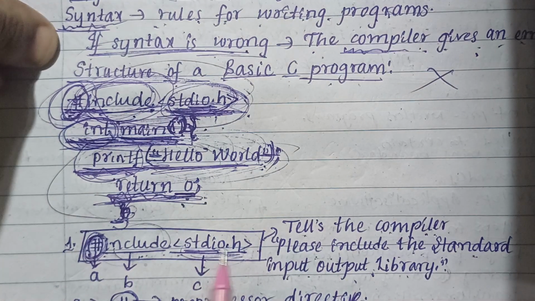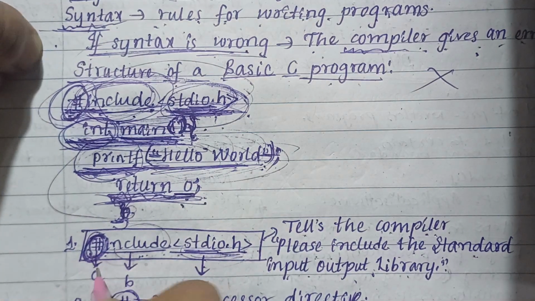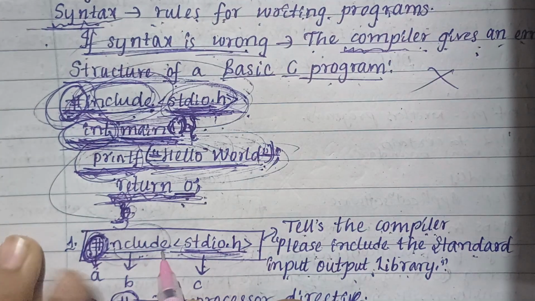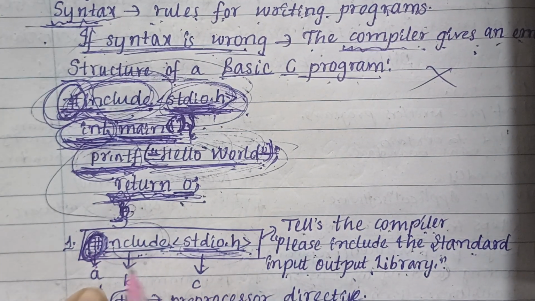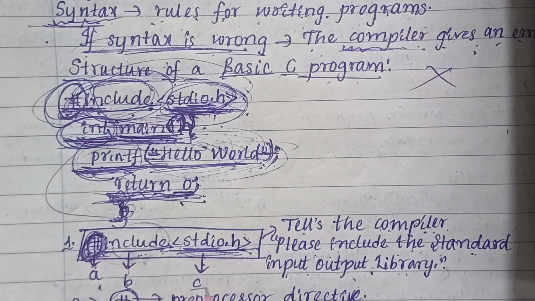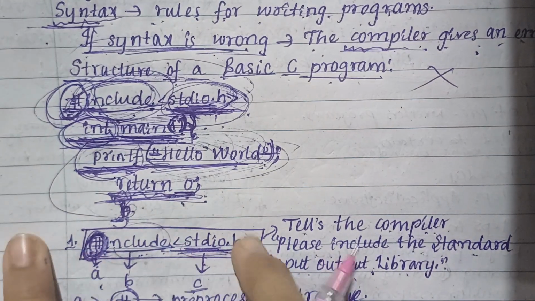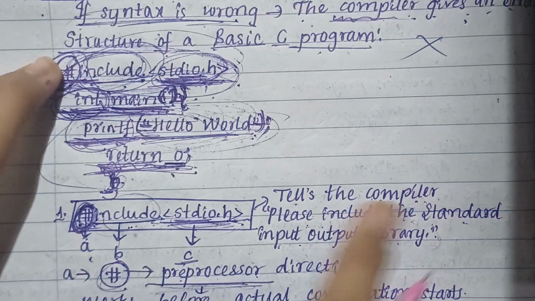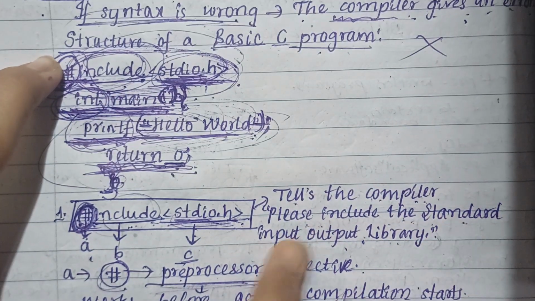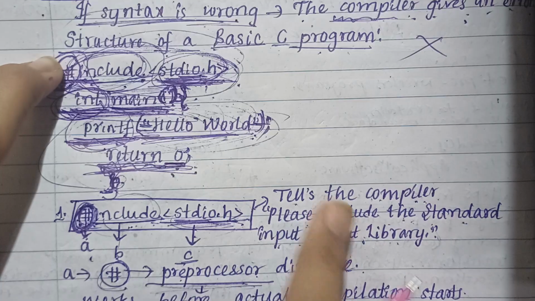Okay, I have divided this into three parts: this hash as A, this include as B, and this entire stdio.h as C. Firstly, this entire line tells the compiler to include the standard input output library. Hope you're clear with this.